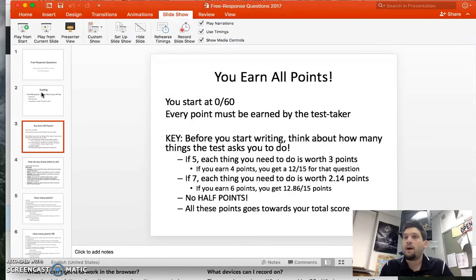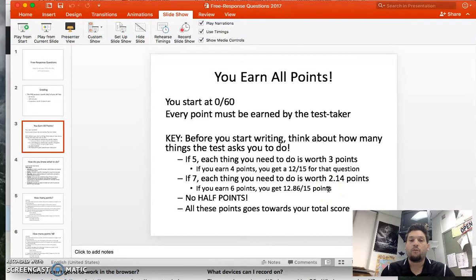If you do 4 of those 5 things well and succinctly and completely, you'll get 12 out of 15 points, which is really good. If it's worth 7, as the example says down here, each thing is worth 2.14 points. So if you get a 6 out of 7, that's a 12.86 out of 15.